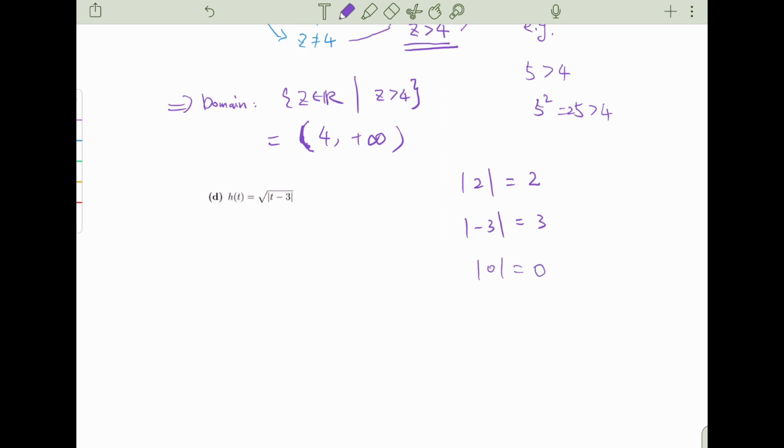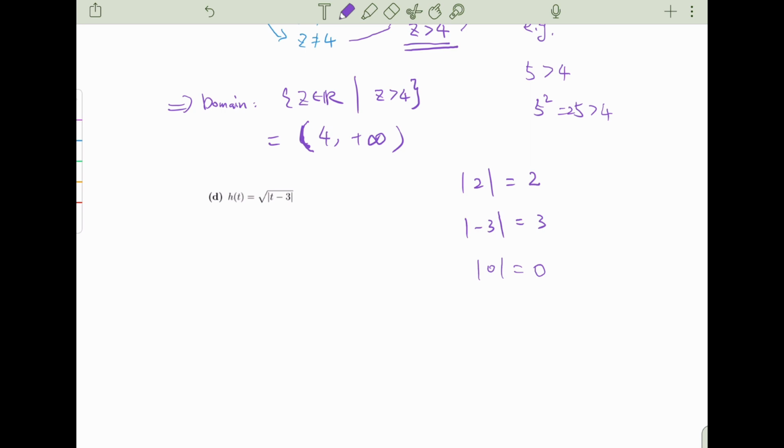So it's a very good thing here, because we also have a square root here. When we have something underneath the square root, we have to make sure the thing underneath the square root is non-negative. However, the absolute value here is already doing the job for you. You have t minus 3, right?